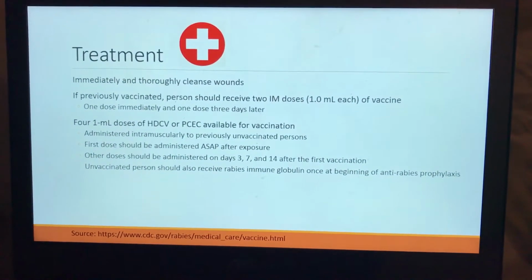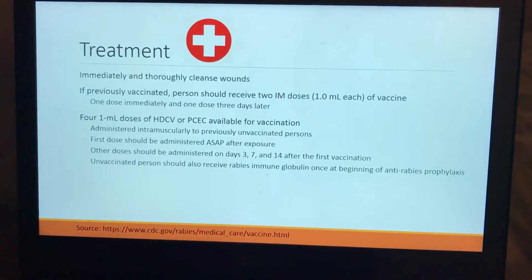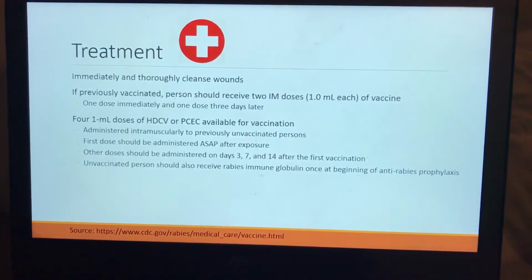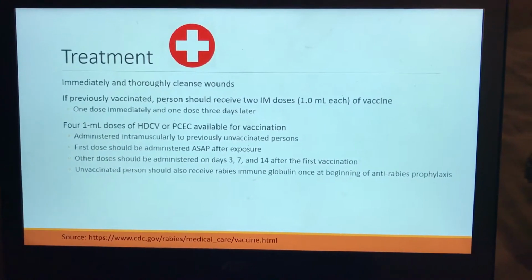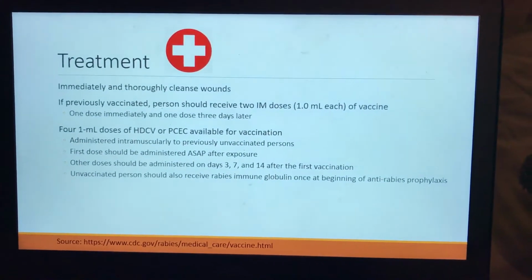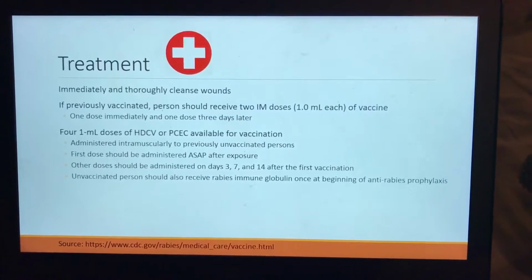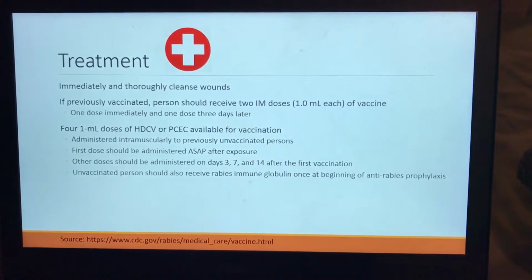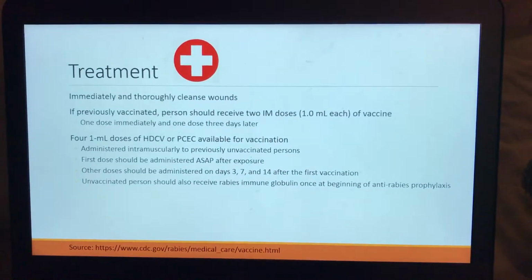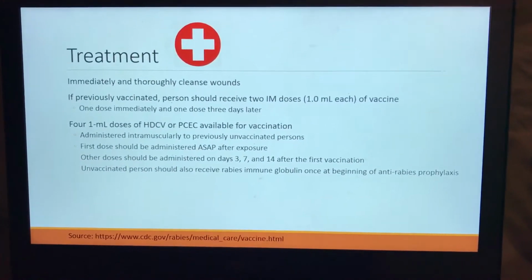For a person who was not previously vaccinated, they would have 4 1 milliliter doses of HDCV or PCEC available. This would be administered intramuscularly, and the first dose would be administered also as soon as possible after the exposure.